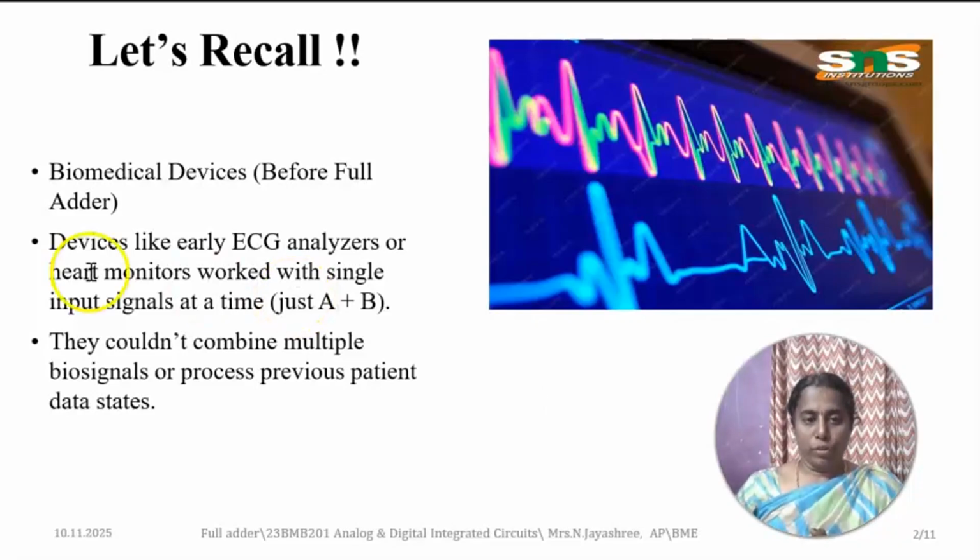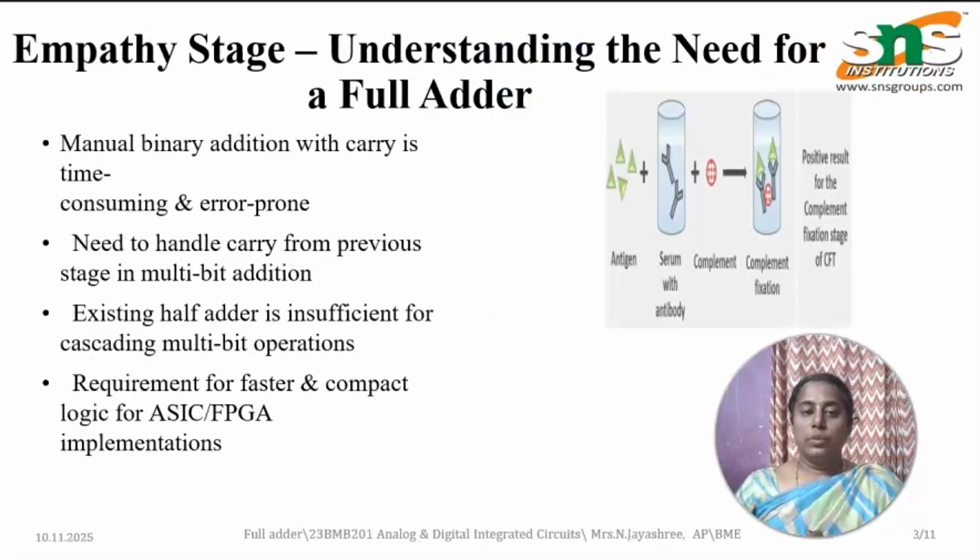So we are going for the full adder. This is the empathize stage. In the full adder we have three inputs A, B, C and two outputs, sum and carry.